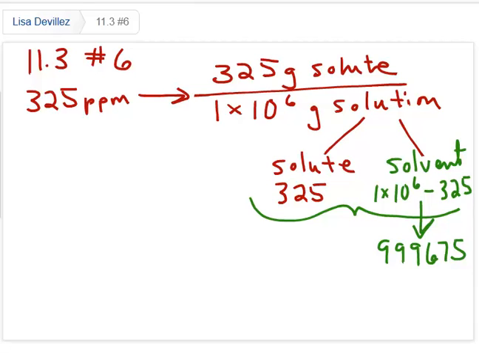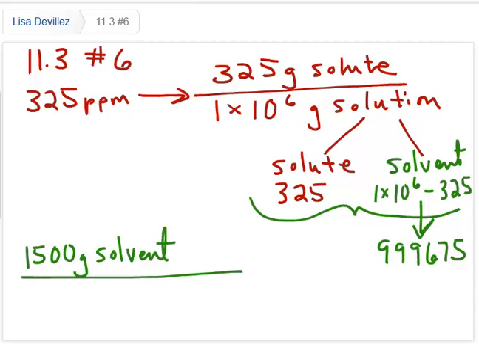So 1.5 kilograms is 1,500 grams of solvent, and it wants grams of the solute. So I want to essentially go from grams of solvent to grams of solute.